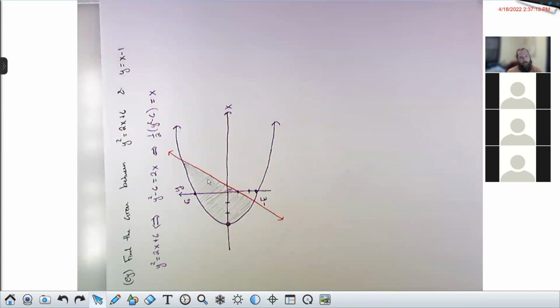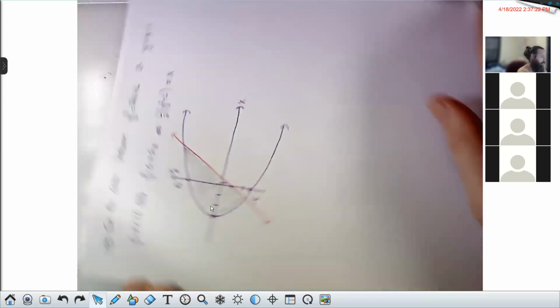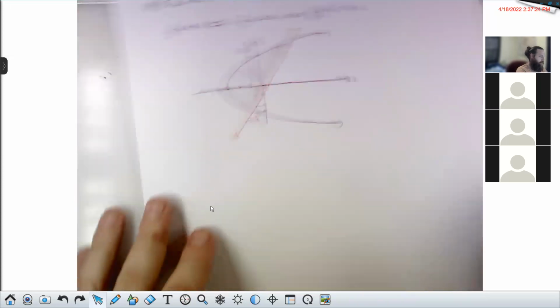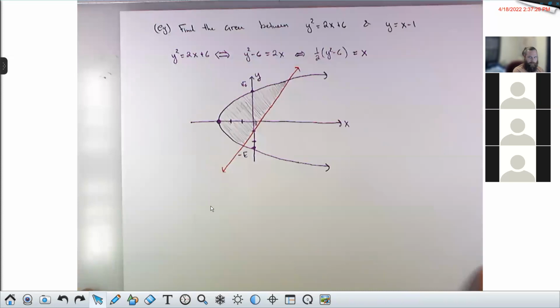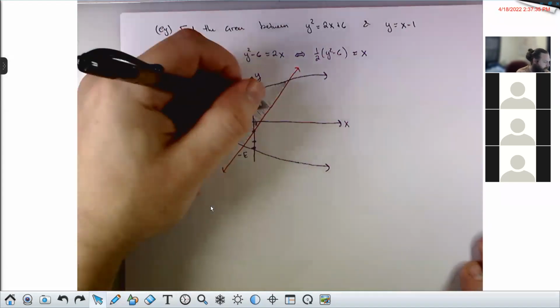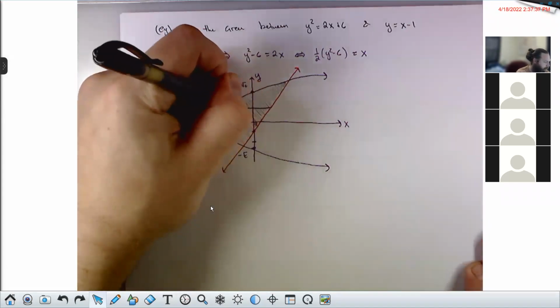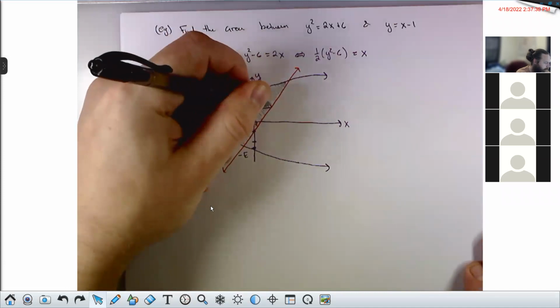The red is the upper and the purple is the lower. But you don't want to do the whole homework set with your head like this. So instead, we adopt the convention that if you're working with respect to y, you integrate the right minus the left. This is why you see those little strips being drawn in, the little Riemann rectangles.